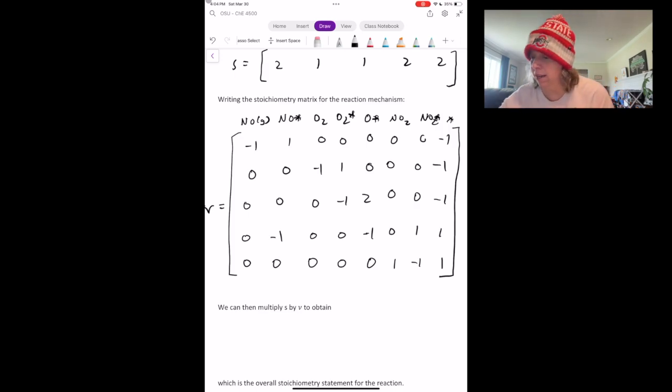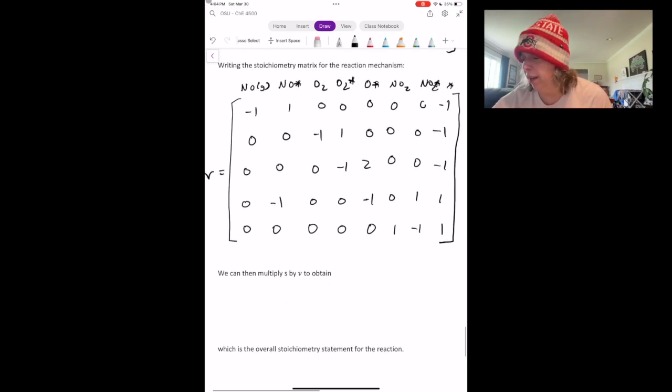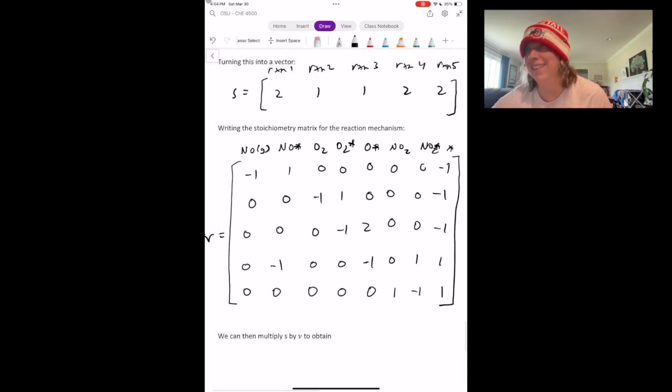If I then take this vector S and I multiply this by nu, so I have a 1 by 5 matrix and then a 5 by 8 matrix, if I multiply S by nu, I will get a 1 by 8 matrix. That is going to give me the stoichiometry statement that I started out with.